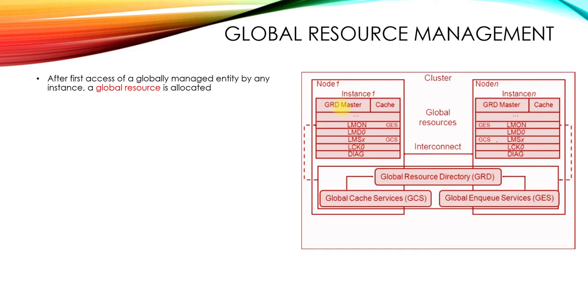So as soon as that object has been accessed, a globally managed entity by an instance, a global resource is allocated. As soon as that block is held in the instance and somebody is trying to modify it, that resource will be identified as a global resource.